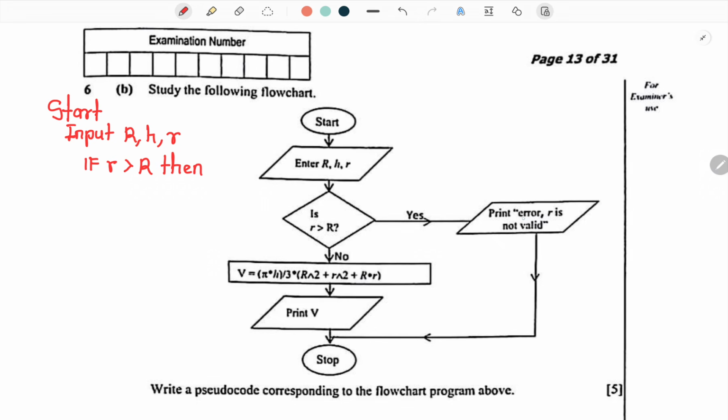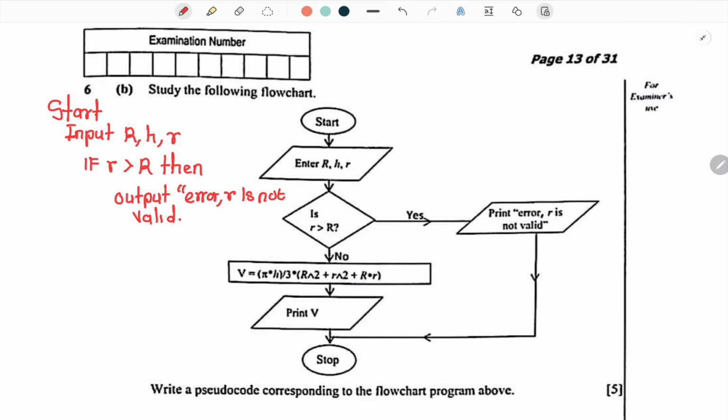The result was print error. So this time around, instead of saying print, you say output error, R is not valid.